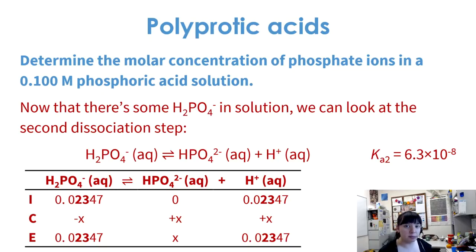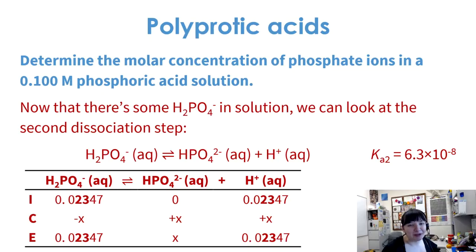That was also produced from that first step, and so now we have some initial concentrations of both H+ and our acid in this step, the H2PO4-. Now the conjugate base here, HPO4 2-, is still initially 0 as far as we know, because we did not see that being produced at all from the first dissociation. This is the first time that it's popping up, and so we'll say initially that that concentration is 0.